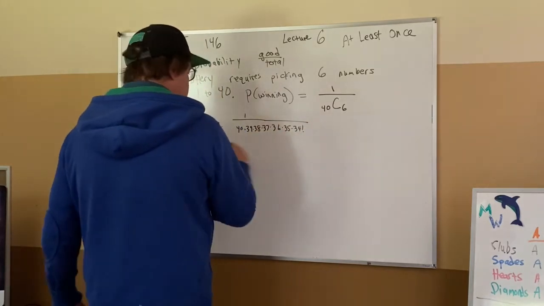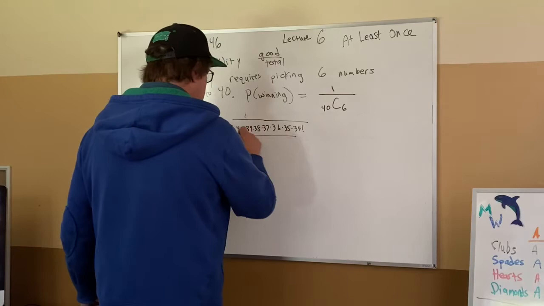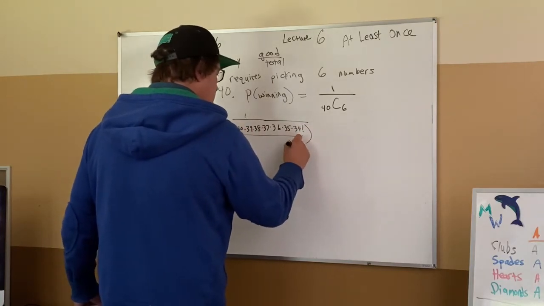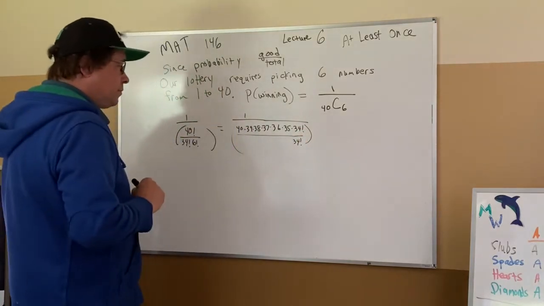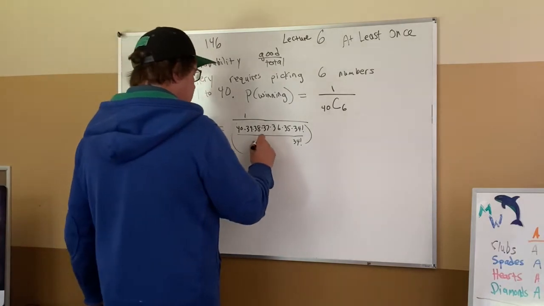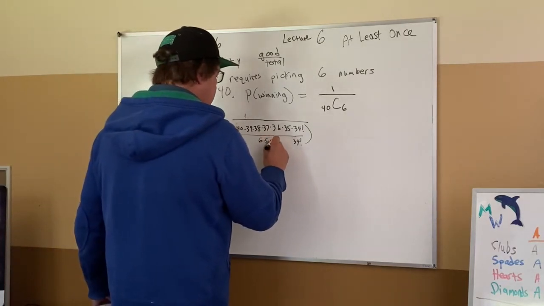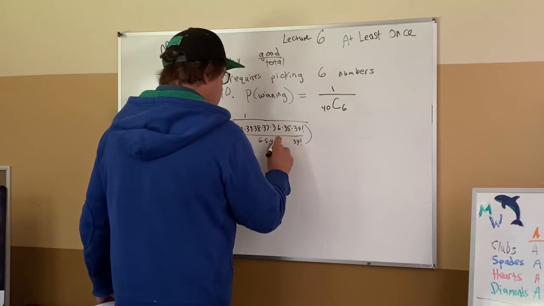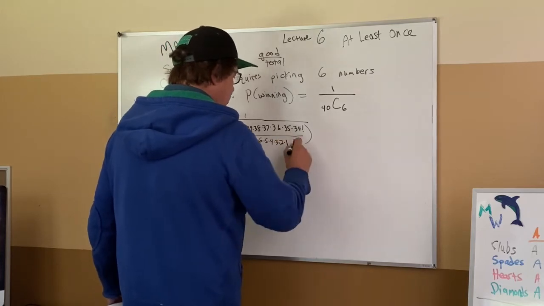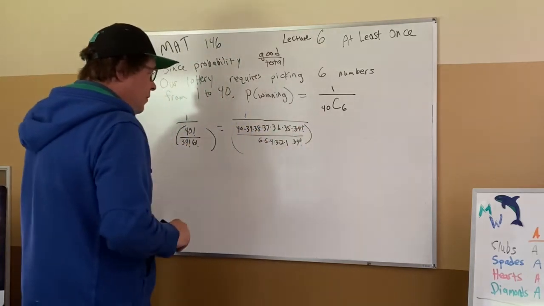And over here we'll take the 34 factorial. We also have our 6 factorial, which is 6 times 5 times 4 times 3 times 2 times 1. So we'll take out the 34 factorials, ones each.